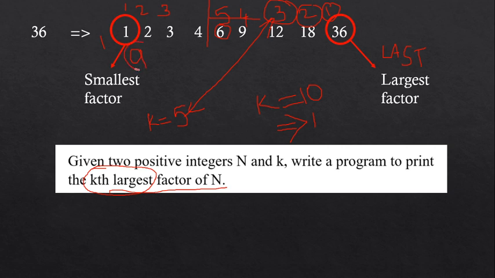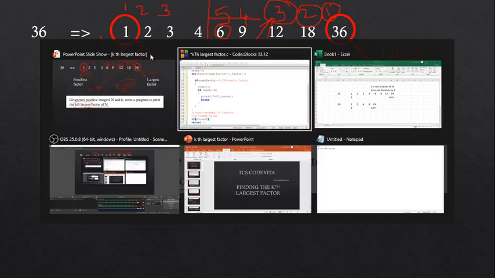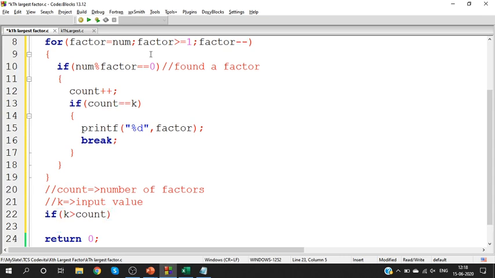This will be the count value. But they are asking me for the 10th factor. So what do I observe? K value is greater than the count value. What did they tell you already? If it is greater than the count value, print the output as 1. Is it clear? If it is within the range, print the factor. If it is out of range, print the output as 1.